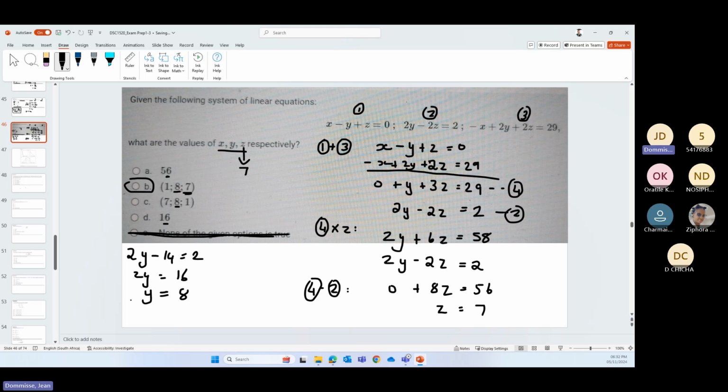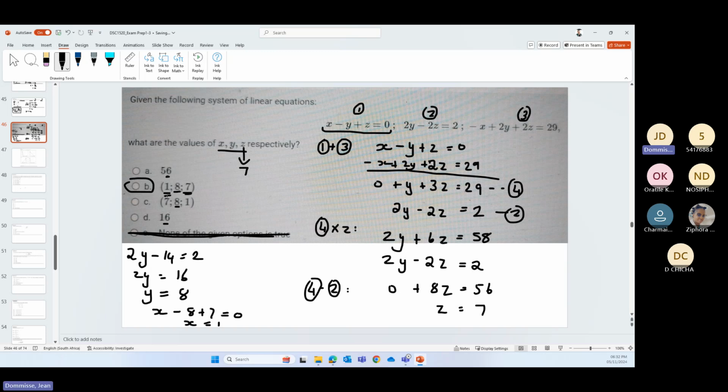And then just if we look at formula 1, we could just say, okay, x minus 8 plus 7 is equal to 0. So x is equal to 1, which does again highlight option B. So 1, 8, and 7.